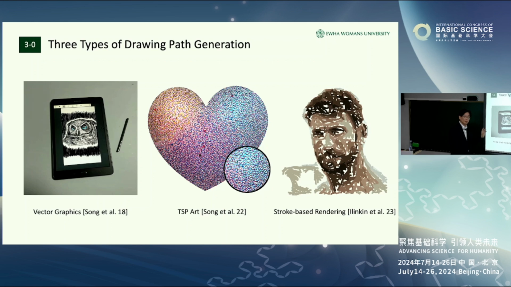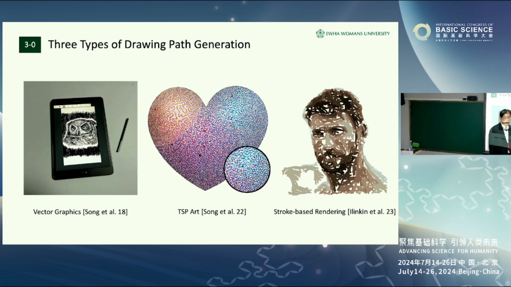So the obvious choice for drawing path is something that is generated by an artist. That's the easy one. Another interesting aspect of our drawing path generation step is that given some raster image, we create so-called TSP art, which is basically finding one single continuous line of path that approximates the given input image using different colors.